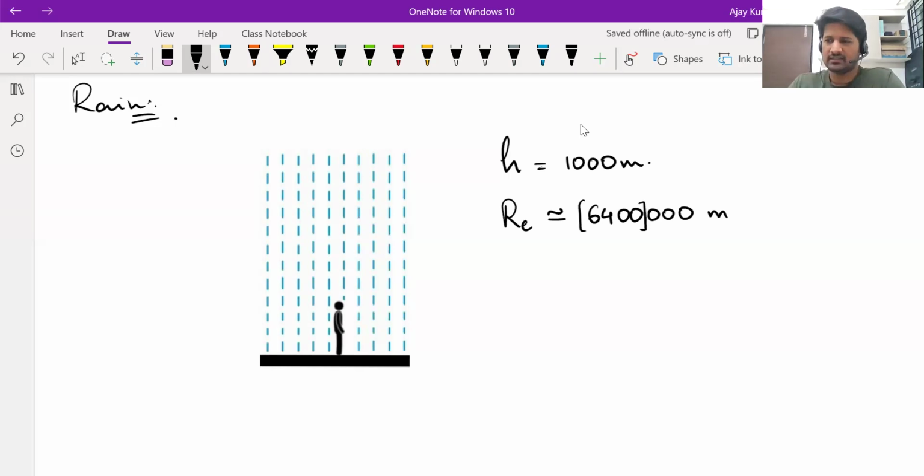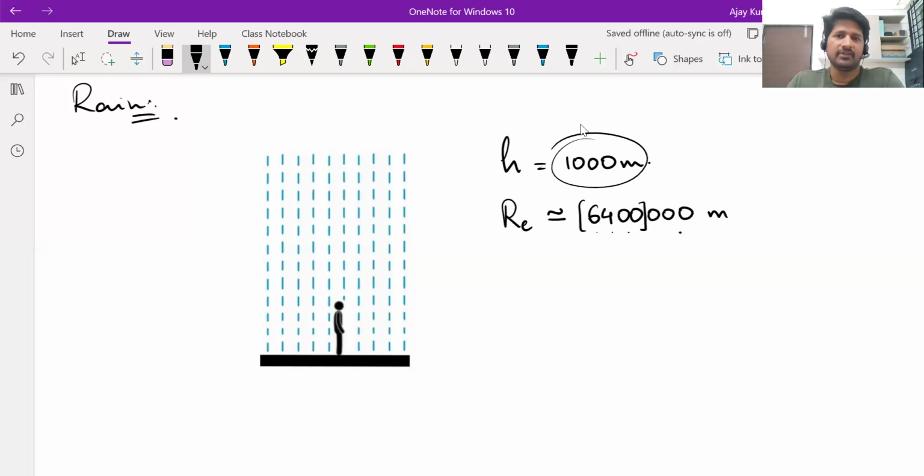Now, what Vanilla said is, since the height from which raindrops fall is too large, we cannot use equations of kinematics, or we can't assume gravity is constant. But compared to 6,400 thousand, 1,000 is small, it's negligible.